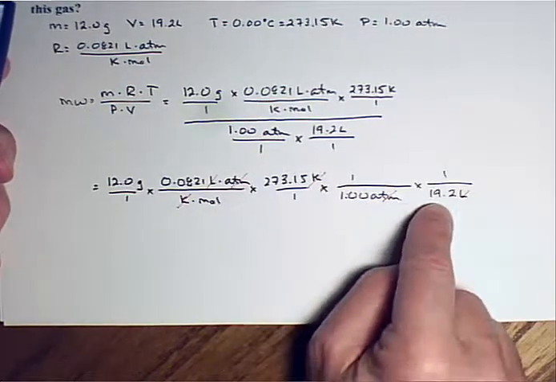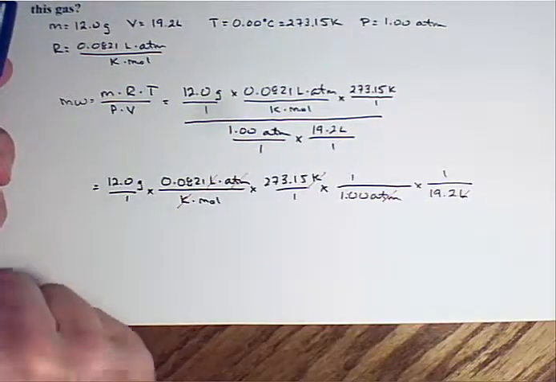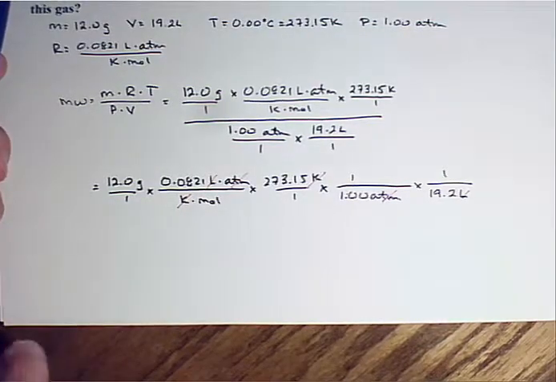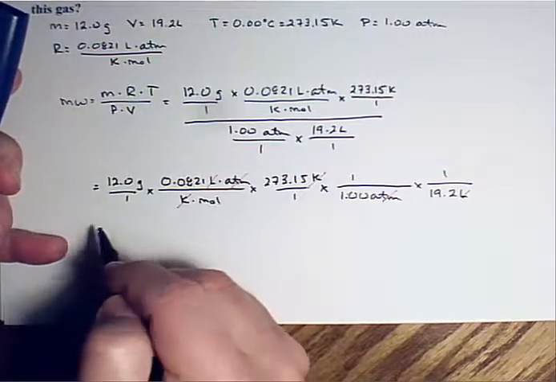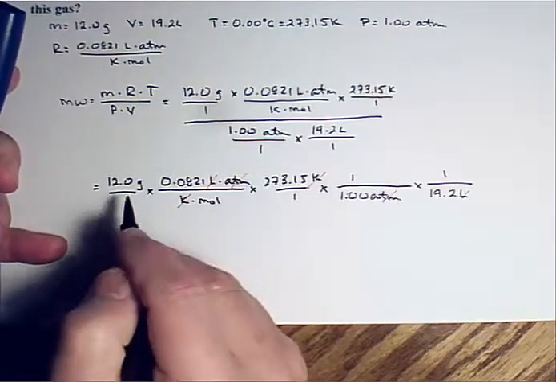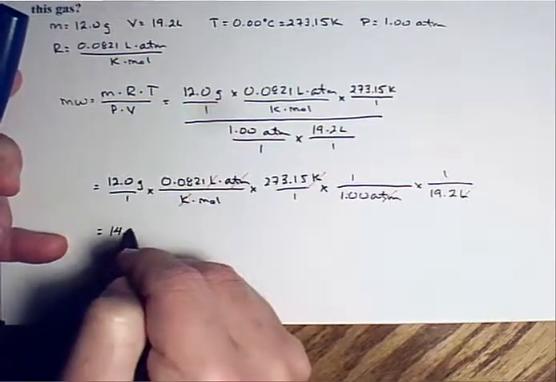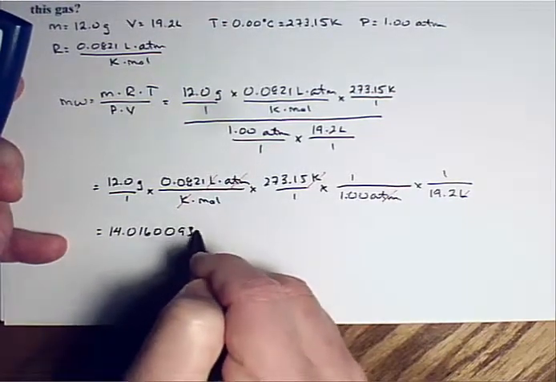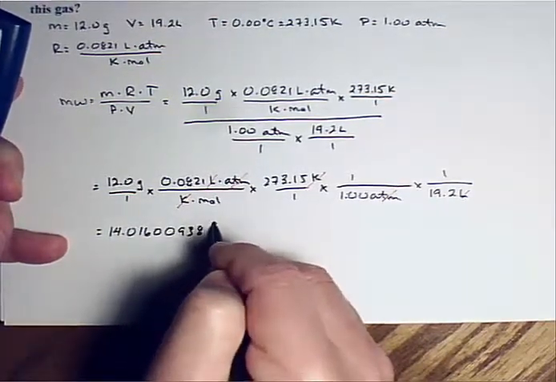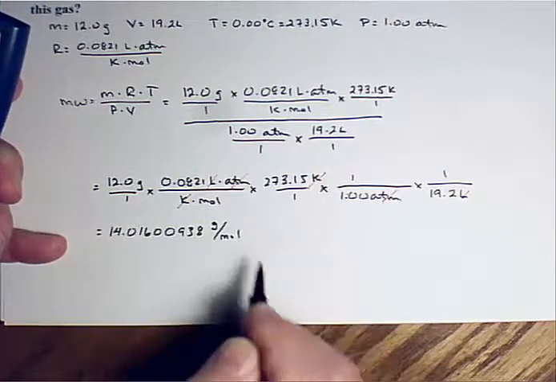Don't have to, but I can. And I'm going to divide by 19.2. And I get 14. Is that what you guys got? 14.0? So this is the complete answer in grams per mole.